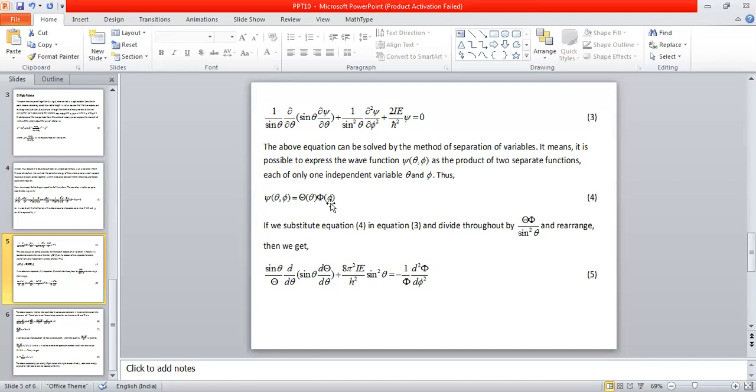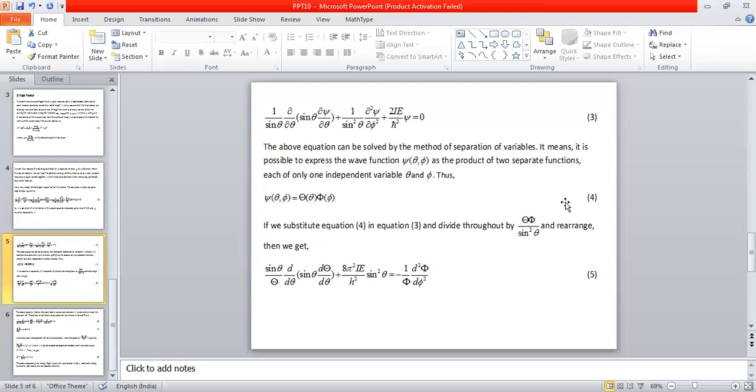So we are segregating this equation into two different wave functions: the first being a function of only the theta coordinate, the second a function of only the phi coordinate.